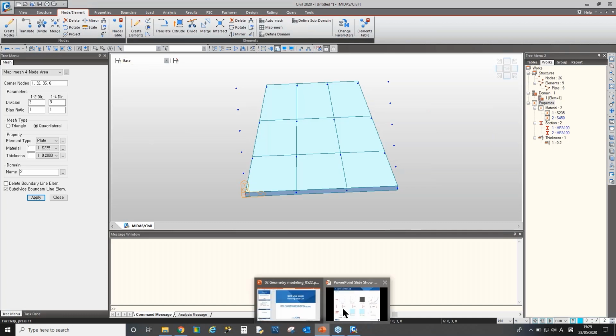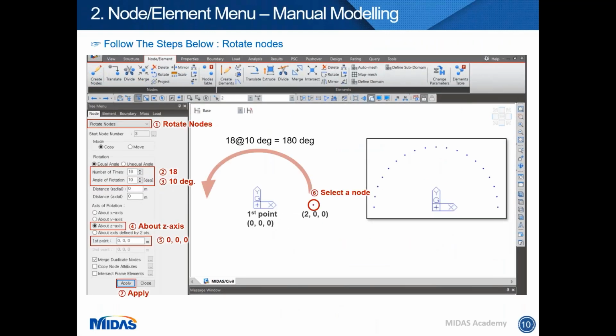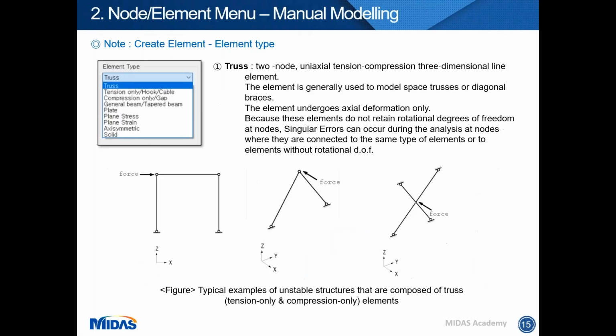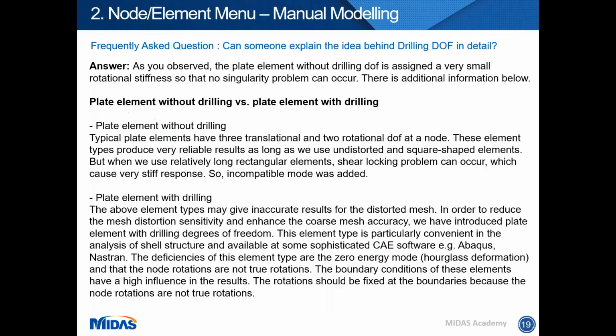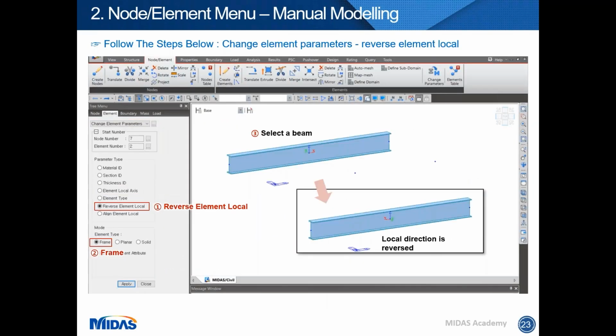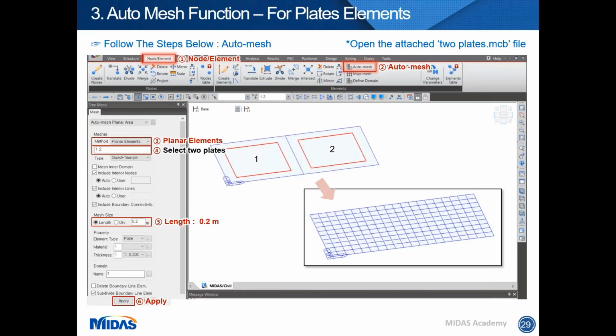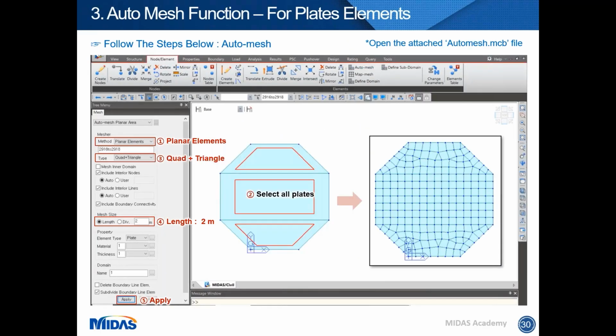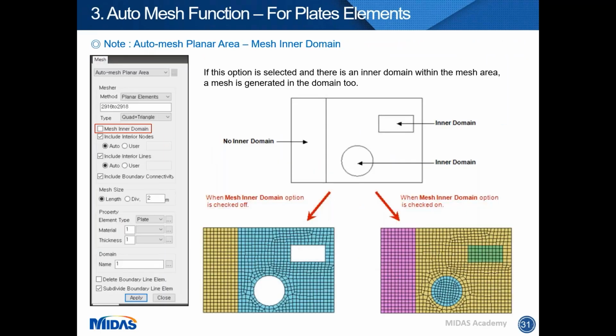So if you go to the slide, I'll quickly pass through all the descriptions. Here we have some various options. Let's say when you use the auto mesh function, by checking off or checking on the option, it shows different performance.